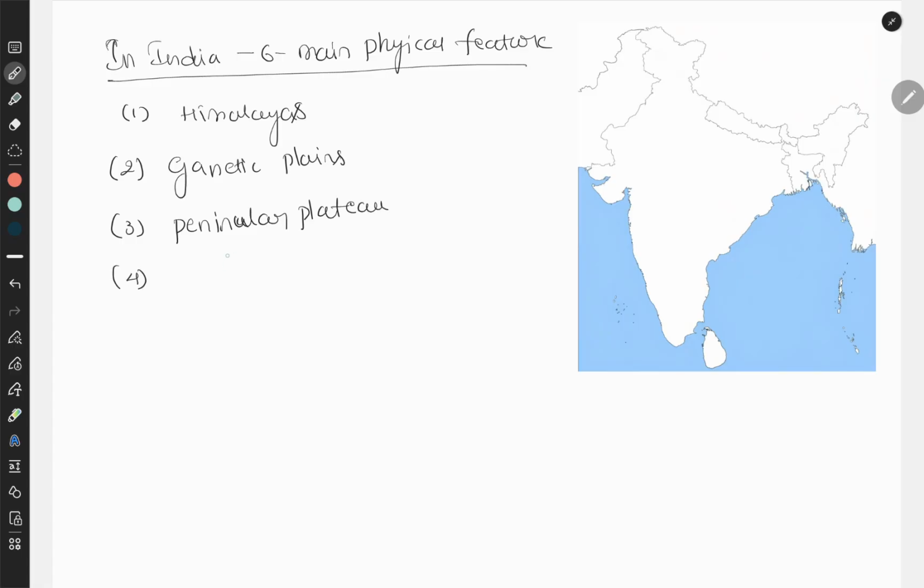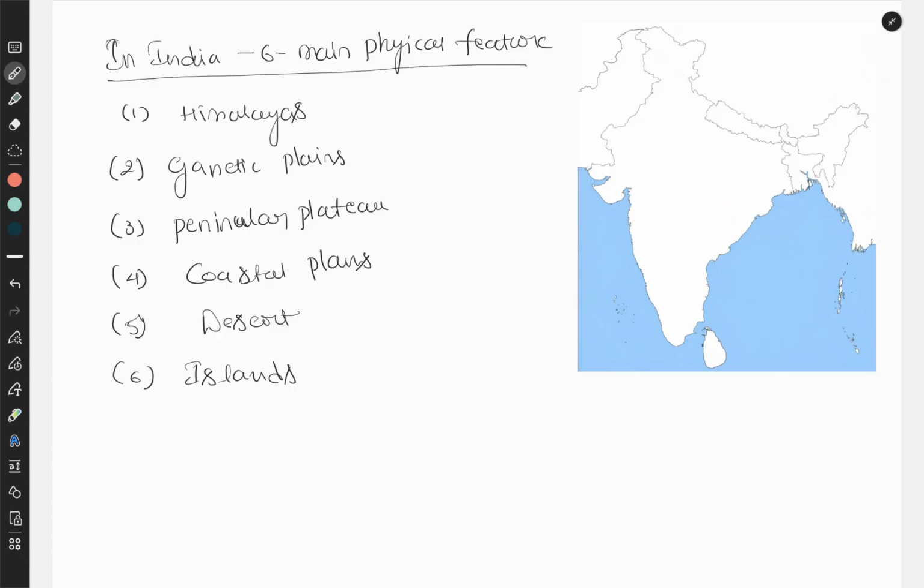The fourth one is the coastal plains. The fifth one is the deserts. The sixth one is the islands. These are the main six physical features within India. We will discuss these features one by one.